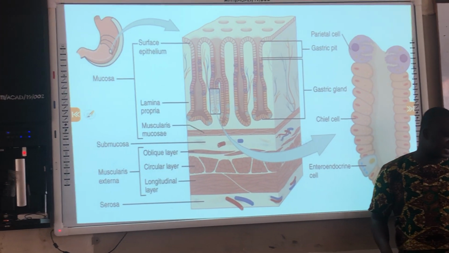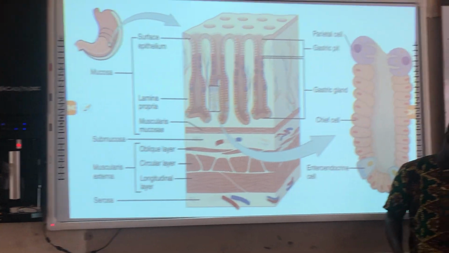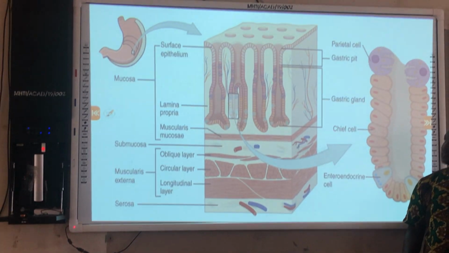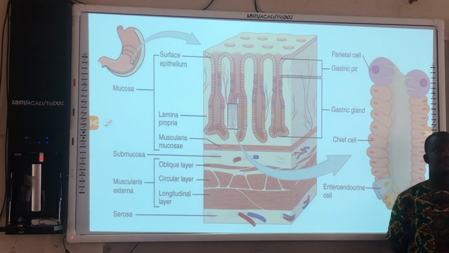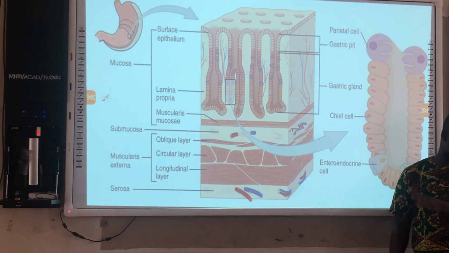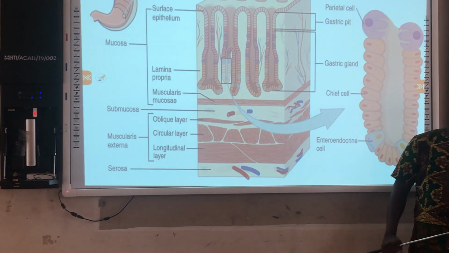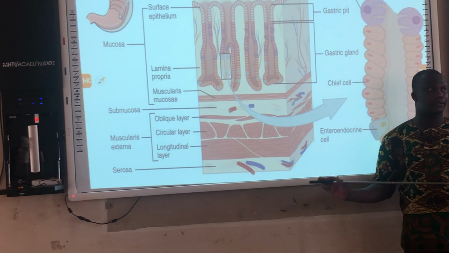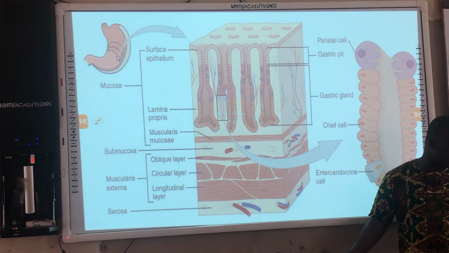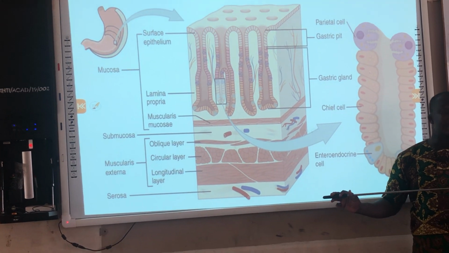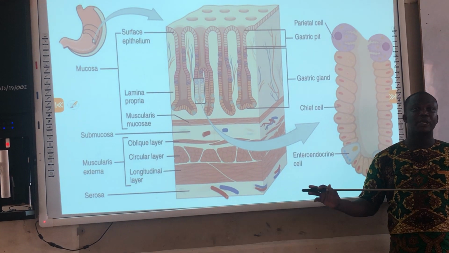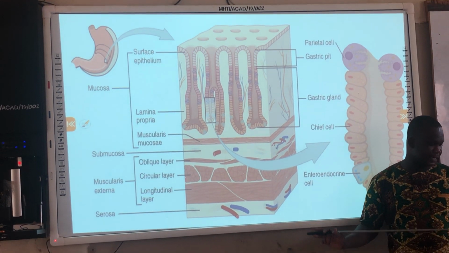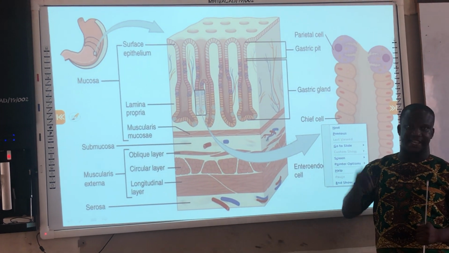Now, the third epithelial cells is the mucous neck cells or goblet cells. These mucous neck cells, or goblet cells, produce mucus, and the mucus protects the stomach wall from auto-digestion.